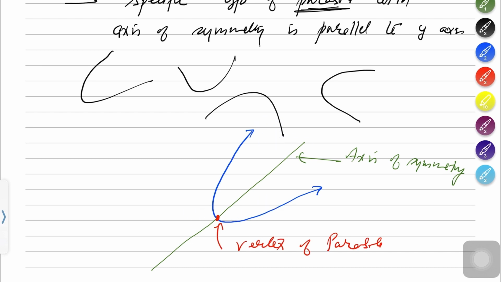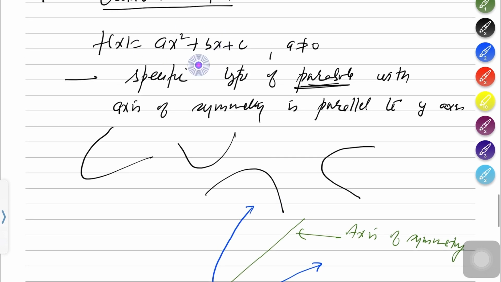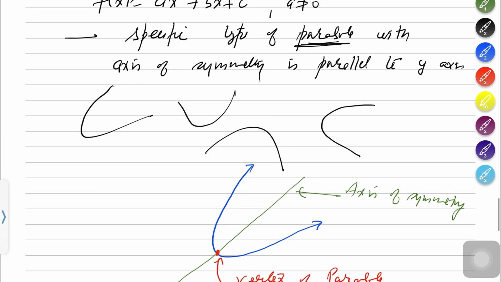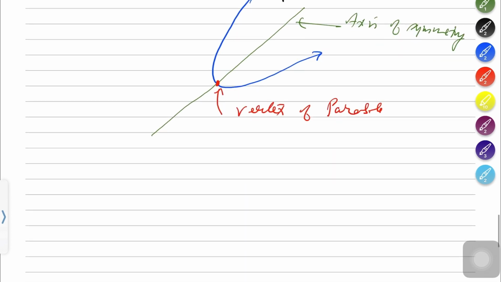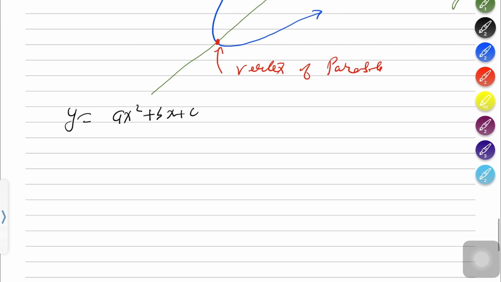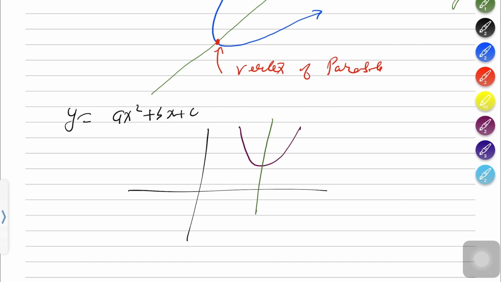This is a very general parabola, but if we talk about the quadratic equation, in that case the axis of symmetry will be parallel to the y-axis. So if someone says, plot the graph of ax square plus bx plus c, this is a specific type of parabola, which will look something like this. Here this is the axis of symmetry, which is parallel to the y-axis.